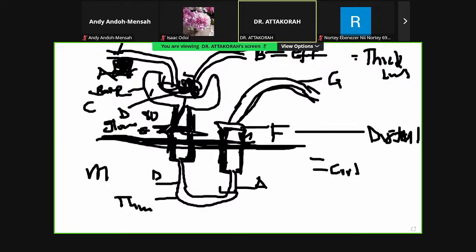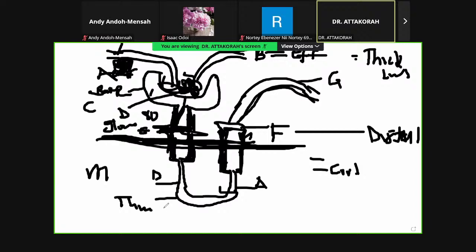Note this, about 80% to be reabsorbed, and 20% to go through this. I'll be talking about these things again, the thin and the thick loop. There'll be reabsorption of the 20% going through here and here.